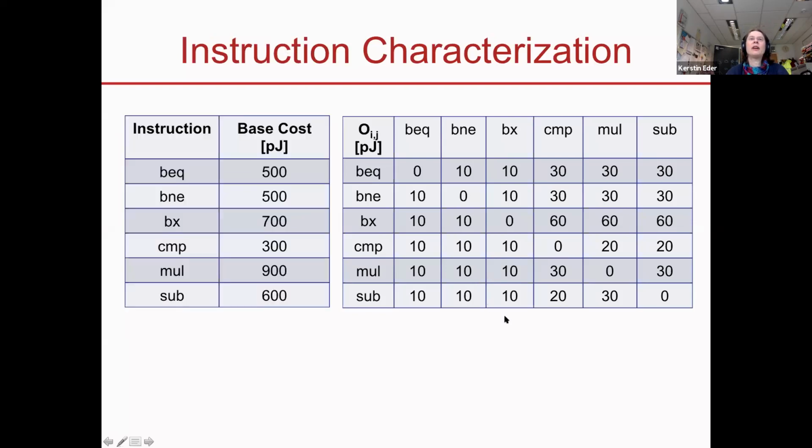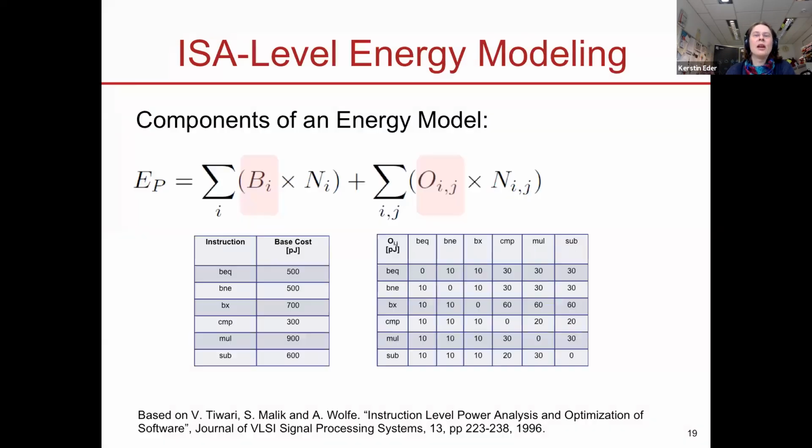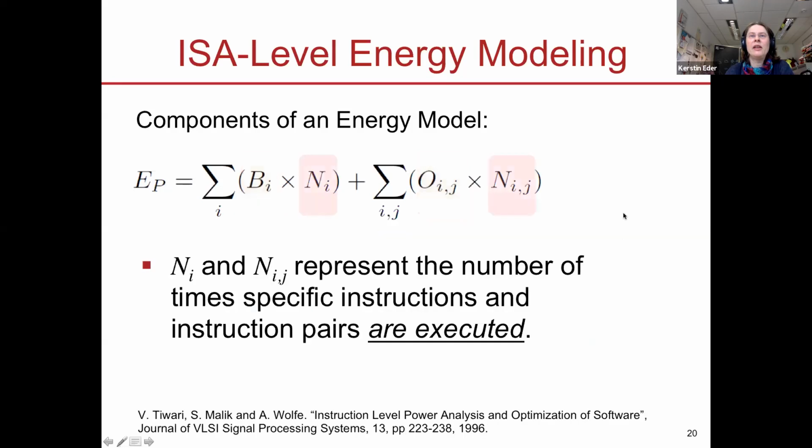Okay, so now we've characterized our model, right? So we've got the base costs and we've got the overhead costs, the switching overhead. And with this we can now apply our model. Okay, we can take the model, we've got the base costs associated with this, and now we need to apply the model, but for that we still need those Ns, right?